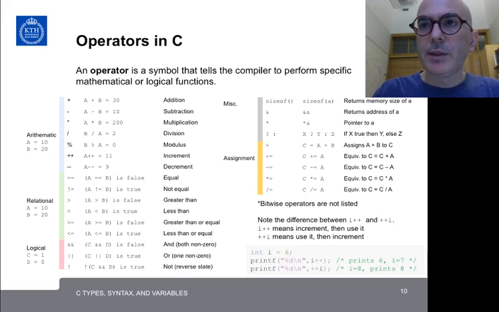Operators are symbols telling the compiler to perform specific mathematical or logical functions. The C language is rich in built-in operators and provides the following types of operators: arithmetic, relational, logical, bitwise, assignment, and miscellaneous operators.